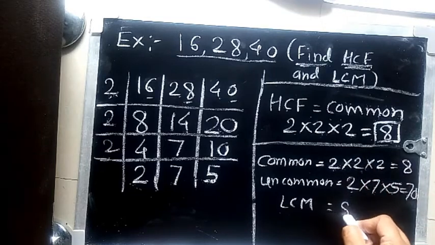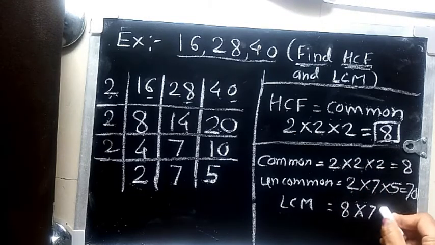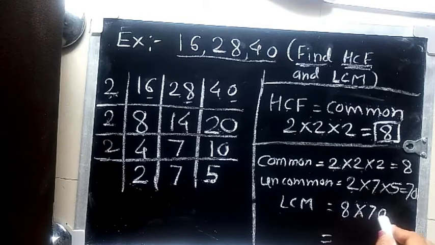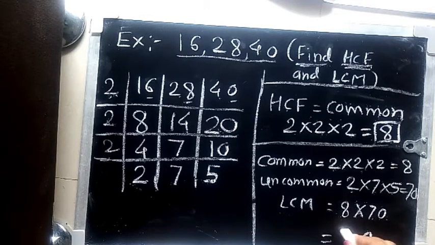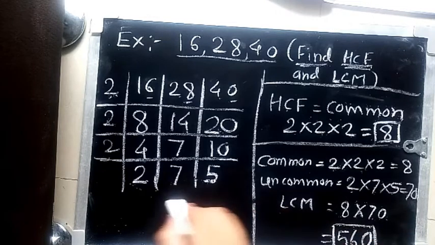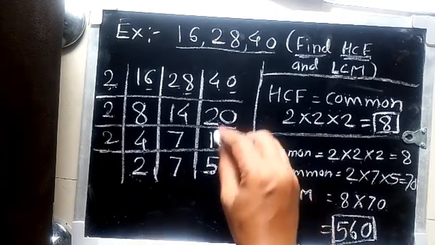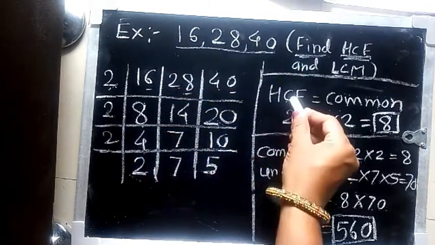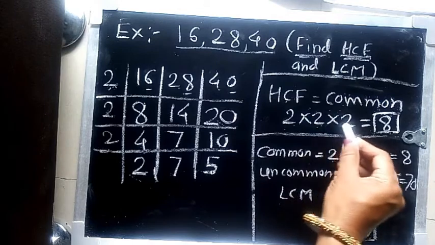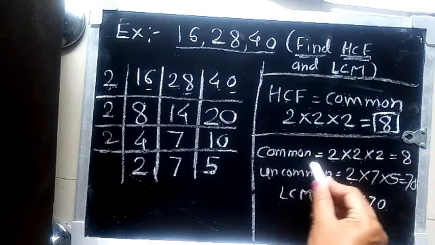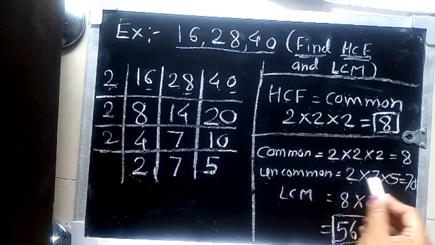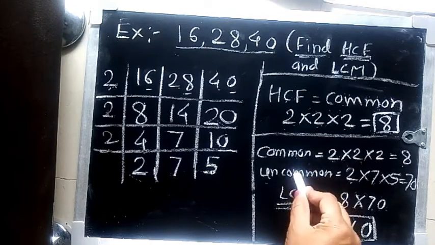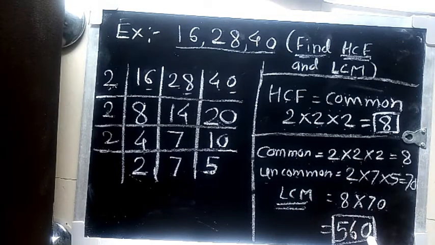LCM, common and uncommon number multiplication, 8 times 70. 8 zeros are 0, 8 sevens are 56. LCM is 560. For 16, 28 and 40 in vertical arrangement, HCF is 8 and LCM is 560. In this method, it is easy to find HCF and LCM.